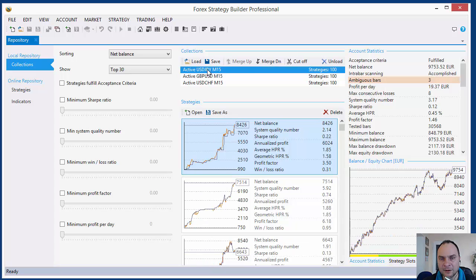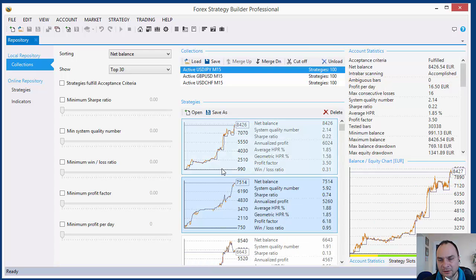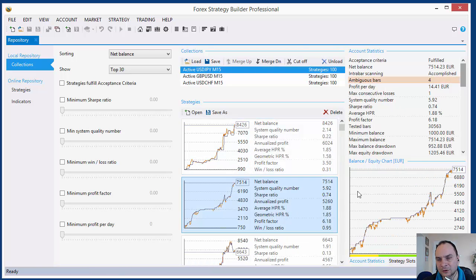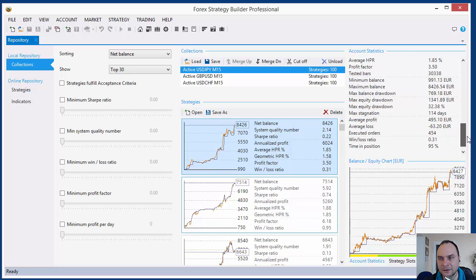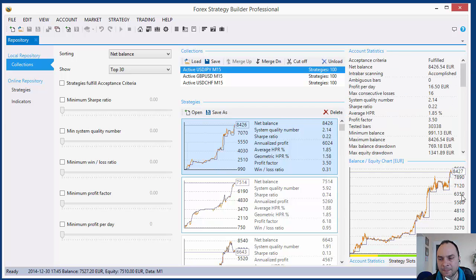So when I select a strategy here, the program loads the historical data, the last data we have, and calculates the full stats. So what I see here in the right part of the screen is the latest, the real balance and real stats using the latest data I have. And let's see what I have for USDJPY.